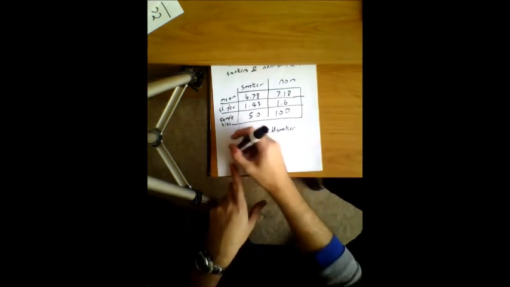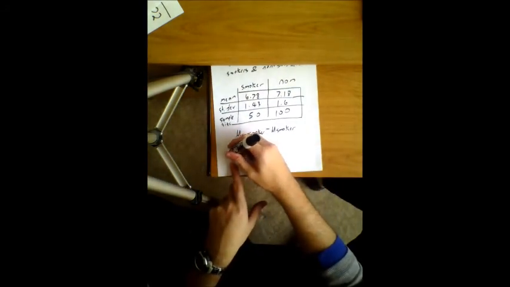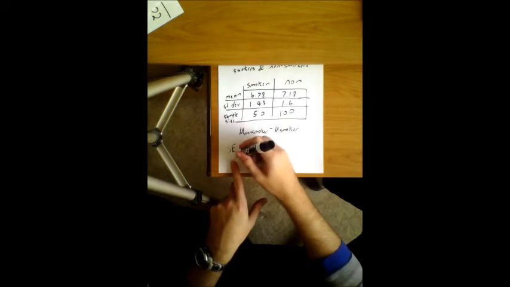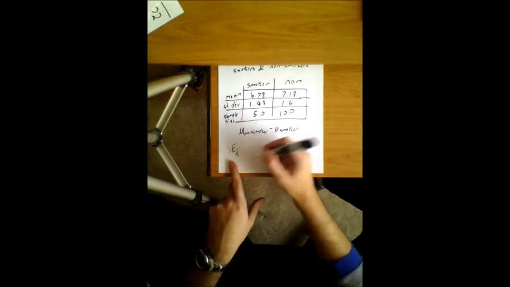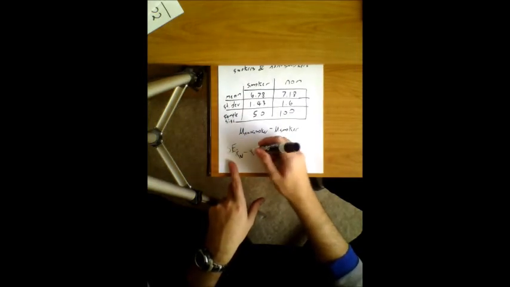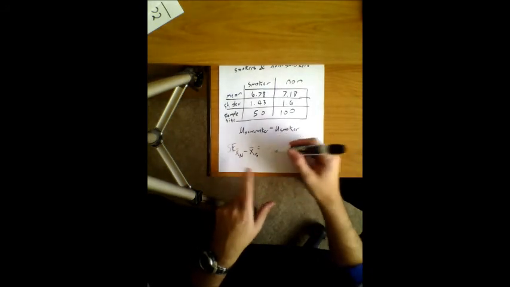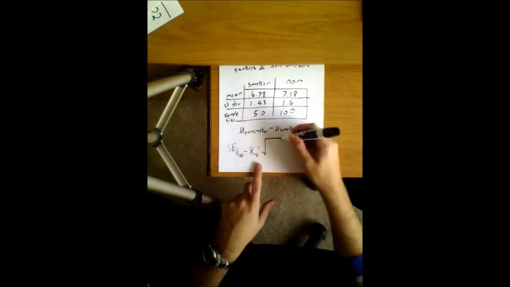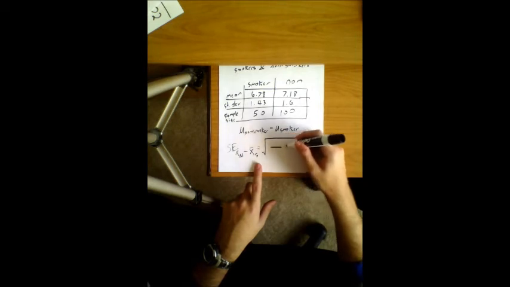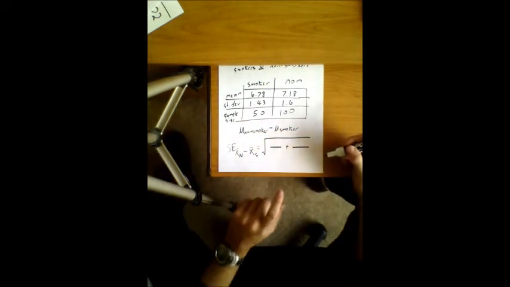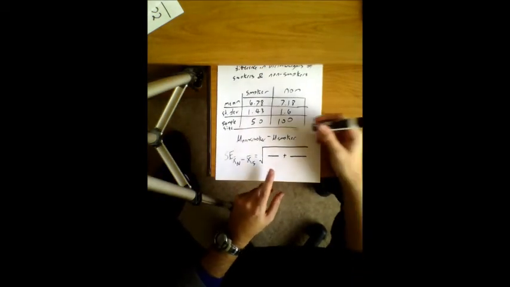So let's go ahead and find the standard error of this thing. The standard error of X bar non-smoker minus X bar smoker. So first things first, we want the standard deviation.